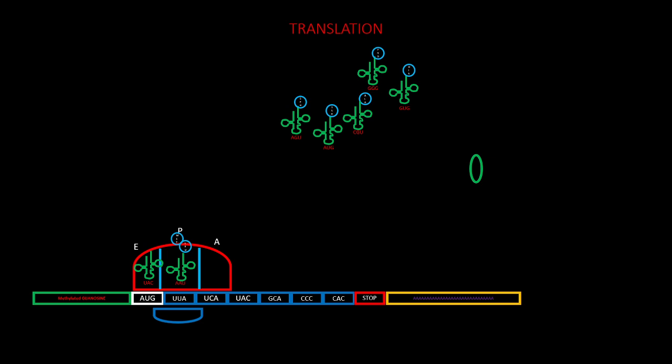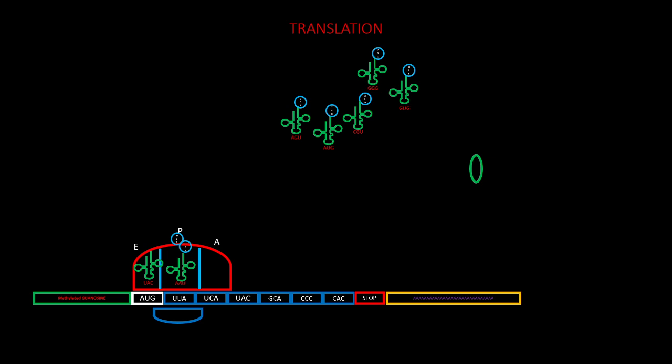However, the amino acid on the first tRNA, which was the methionine, breaks from the first tRNA and forms the peptide bond to the second amino acid present on the second tRNA. Thus, a dipeptide chain is formed at the P site.